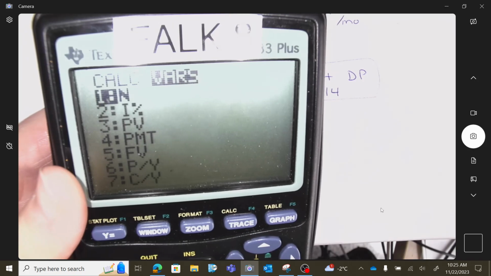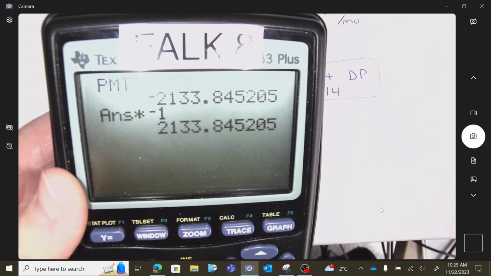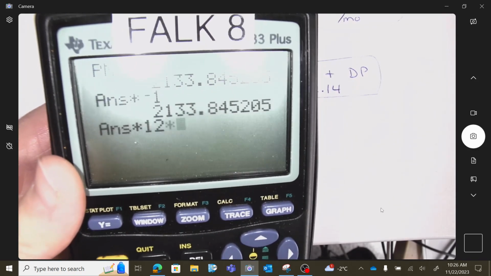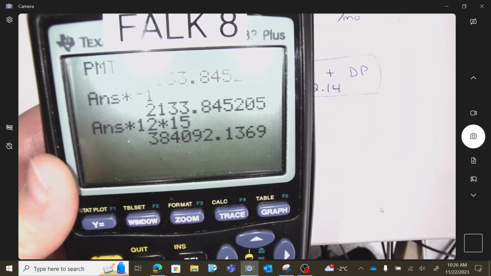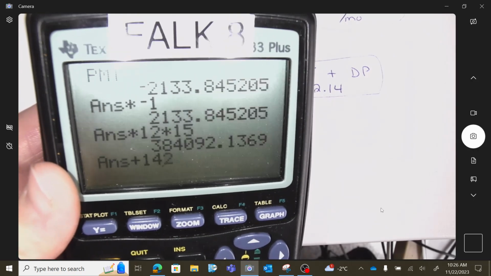Copy paste my payment. Is my payment the right number? Yeah. Every month for 15 years. Yeah, that's what I got. Plus 14,250.